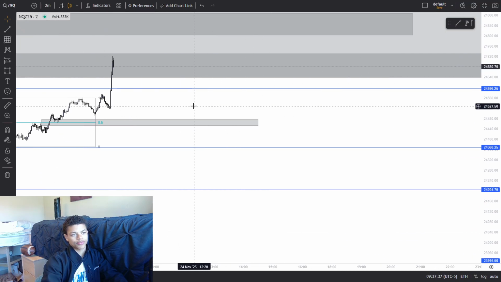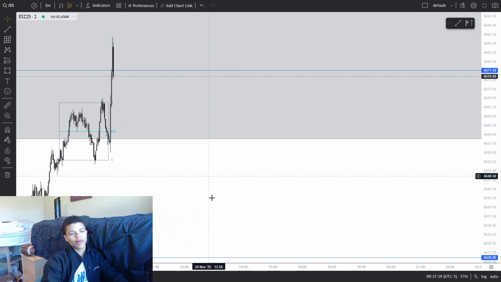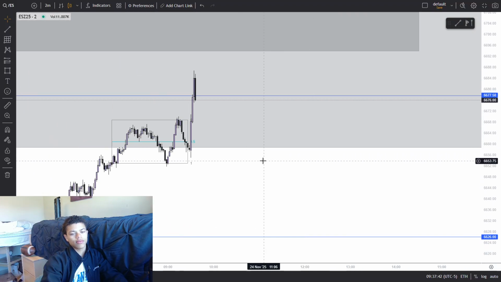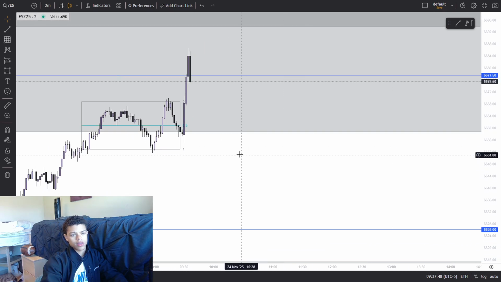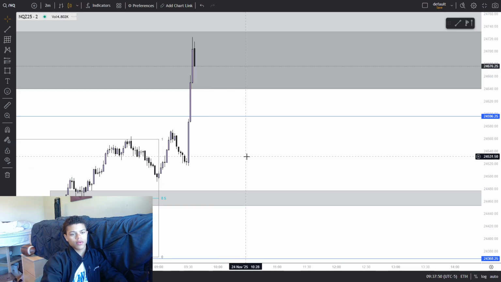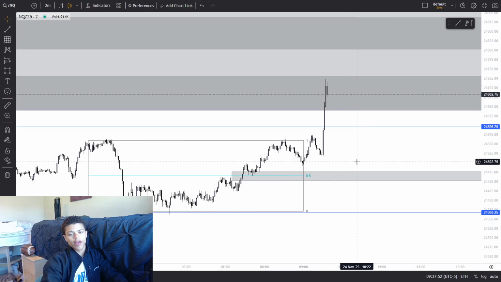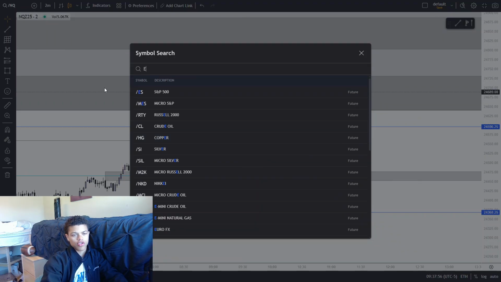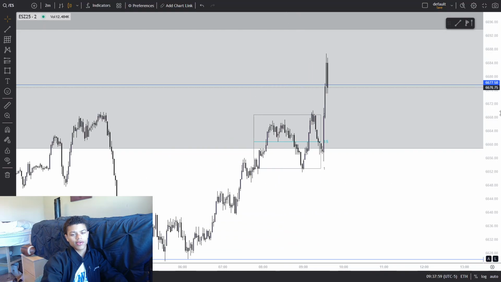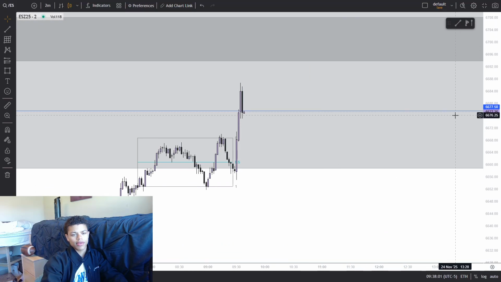I like how we're coming lower on both indexes right now. It's kind of beautiful. To be honest, today I would definitely be favoring ES just based on the structure that we have. Here on ES, it's way more cleaner in my opinion.